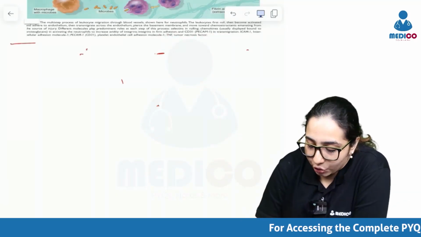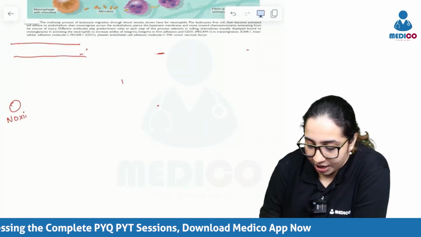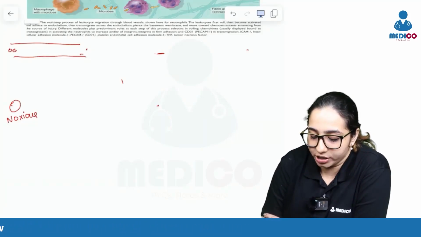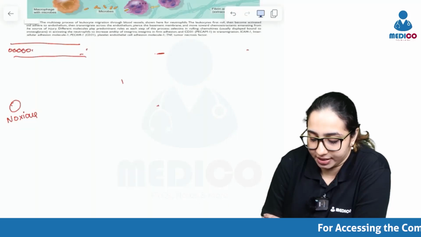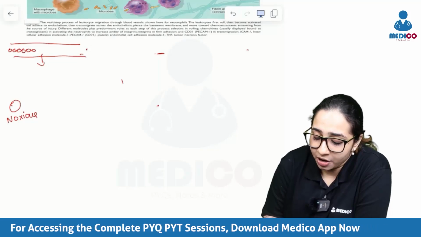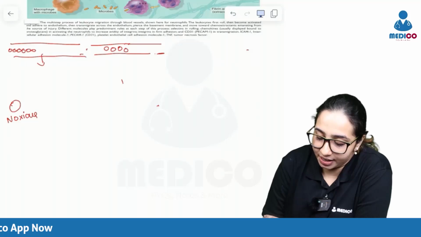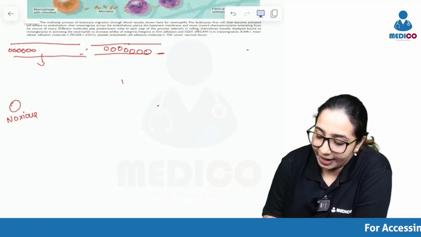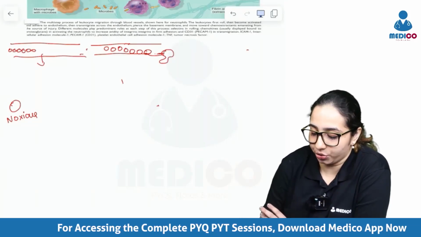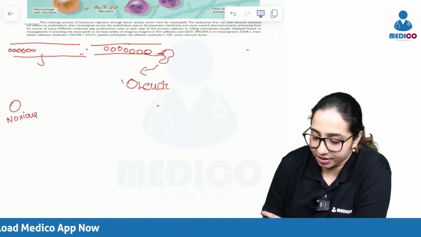Okay, first you have the endothelium. Here you have a noxious stimuli. In the blood vessel, you have all cells, WBC, platelets, in the center and the plasma is towards the periphery. So, firstly, the leukocytes that are in the center roll down, attach to the endothelium, migrate through the endothelium and come out.